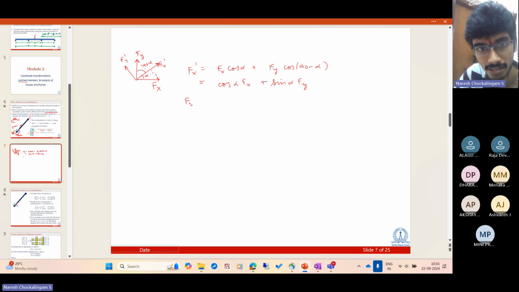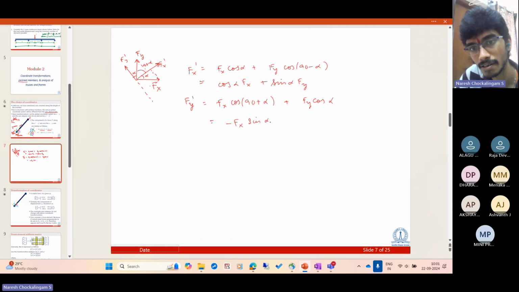What about fy dash? Project both of them. Now extend this fy backwards. If we project it, this angle is actually 90 plus alpha. So it is fx cos of 90 plus alpha plus fy, and this angle is just alpha, so fy cos alpha. So this is minus fx sin alpha plus cos alpha fy.